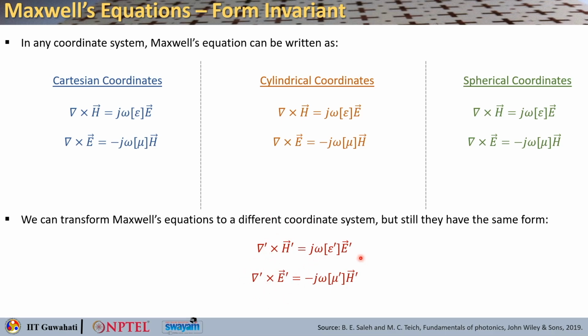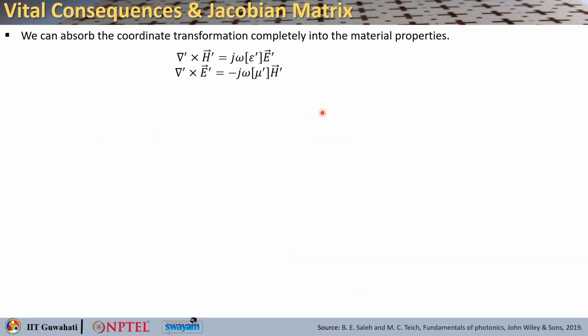Both actually follow the same form, because you can write curl of H in the new coordinate system as j omega epsilon prime E prime, and curl of E in the new coordinate system can be written as minus j omega mu prime H prime. So we basically can absorb the coordinate transformation completely into the material properties. So that is the vital consequence of this Jacobian matrix and using this kind of coordinate transformation. So you can write the same sort of Maxwell's equation in the new coordinate system.